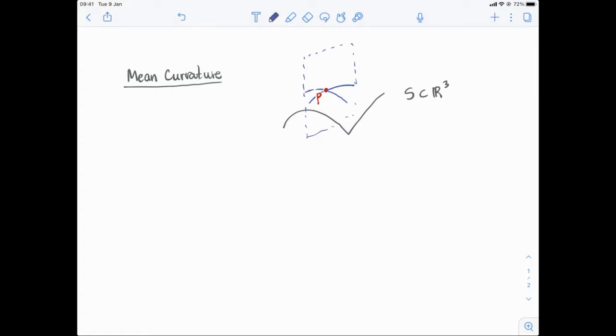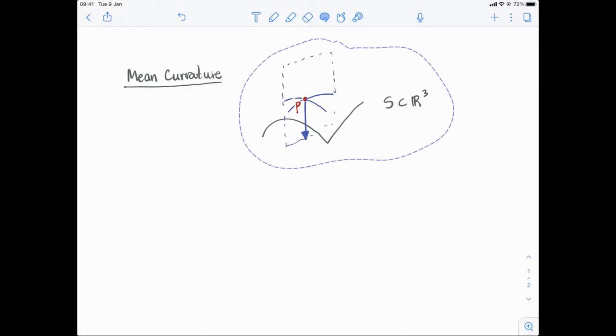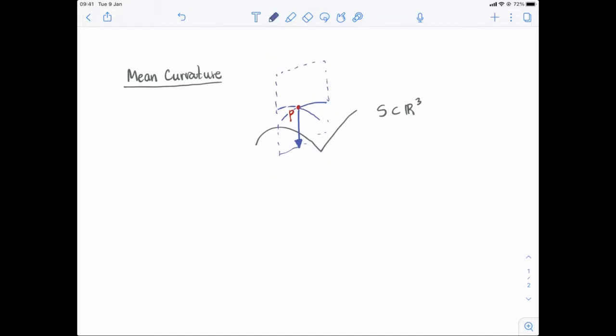We can think of this mean curvature as a vector, and this is a normal vector, which is defined regardless of the orientation that your surface might have. In this picture, I erased the normal vector that I drew above, because actually the mean curvature vector will point downwards, because the surface is curved that way. So this is the mean curvature, and we denote it by H(p), the mean curvature vector.